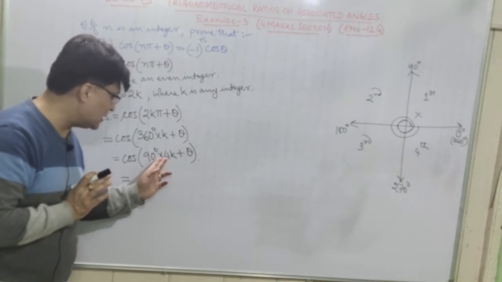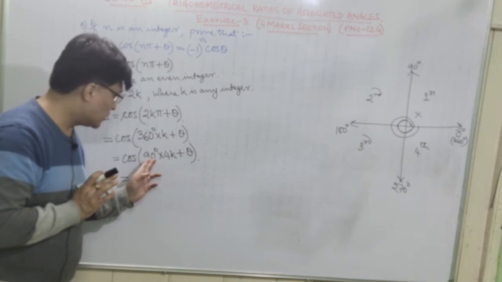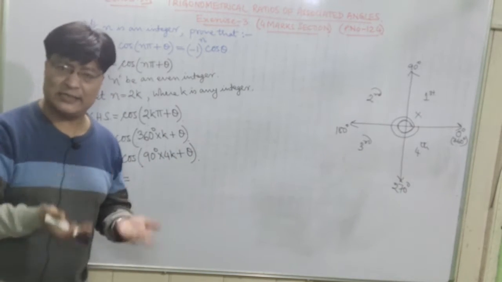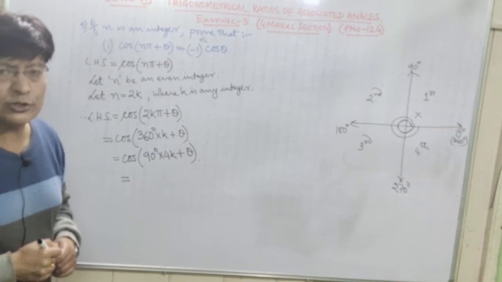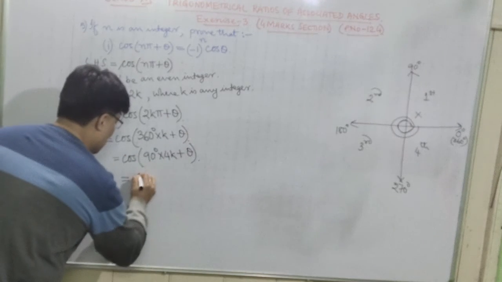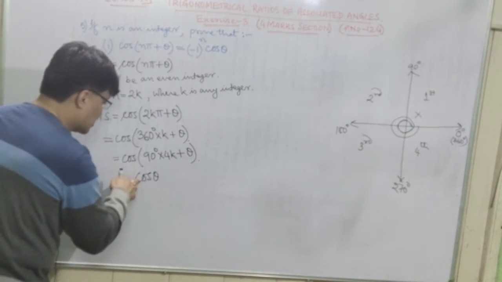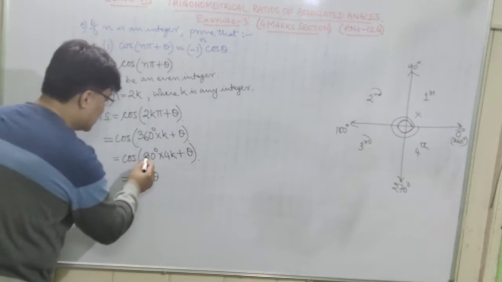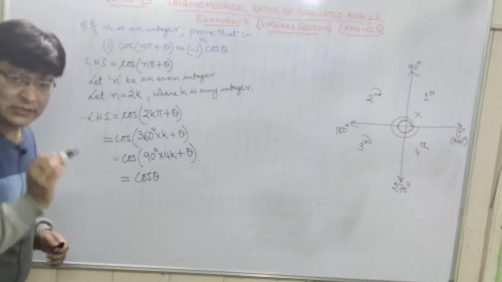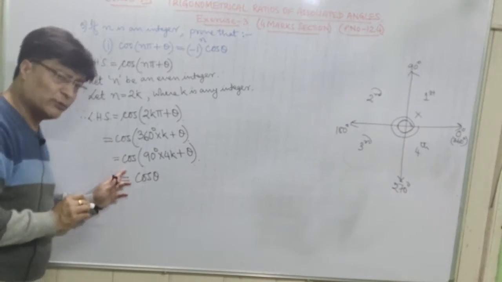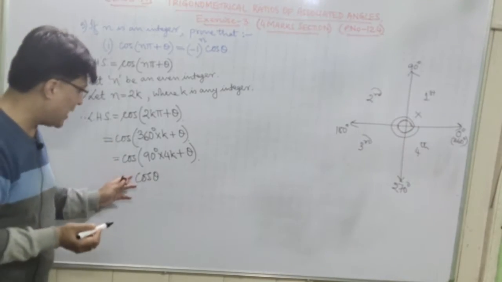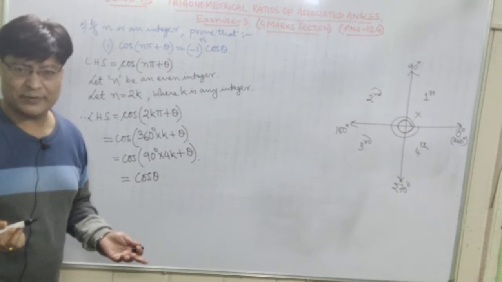So it is 90 degrees into an even integer, so trigonometrical ratios do not change. It lies in the first quadrant, so cos is positive, and since this is an even multiple of 90, the ratio remains as it is. So it is cos θ. Is that clear?